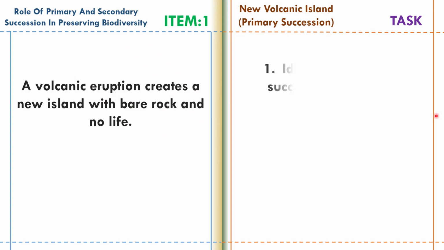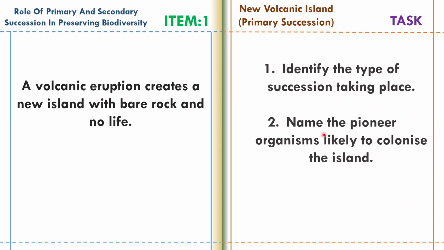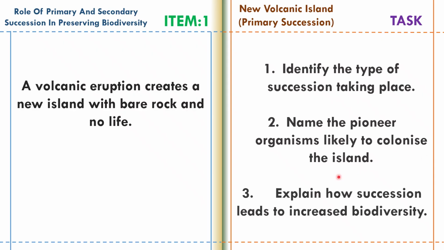Task. Identify the type of succession taking place. Name the pioneer organisms likely to colonize the island. Explain how succession leads to increased biodiversity.